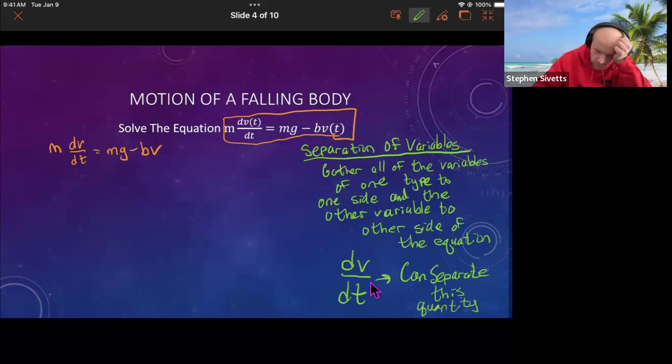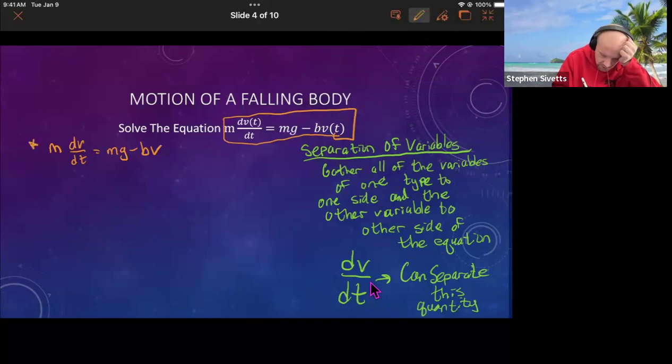And I'll show you what I mean by this. So first of all, if I divide both sides by m in this equation, I'll have dv dt equals m times g minus b times v, over m.